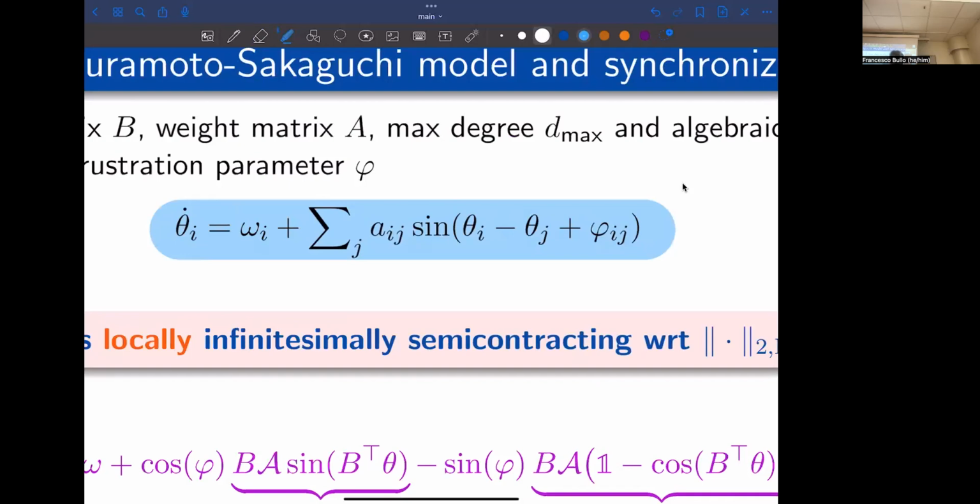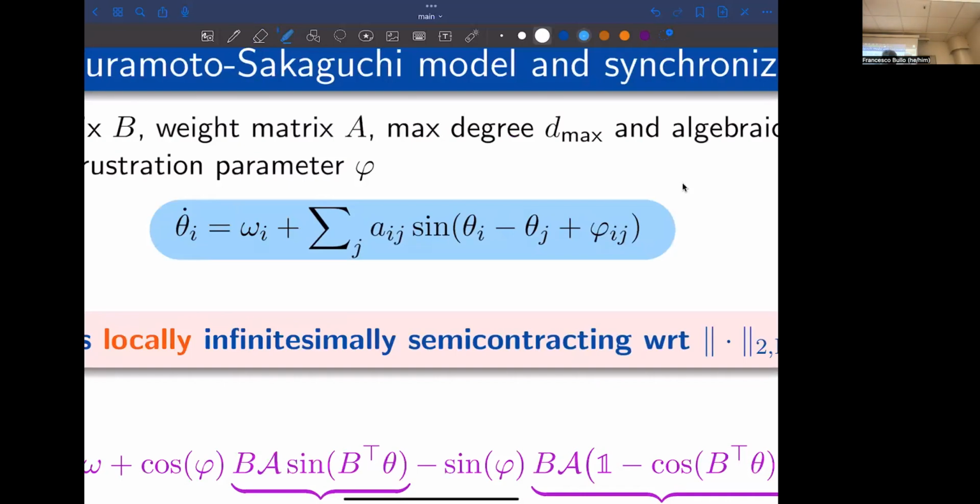If you set this to 0, you get the Kuramoto model. When it's different from 0, it's called the Kuramoto-Sakaguchi model. Sometimes people call this the frustration parameter because when the two angles are equal, without the frustration parameter, the interaction is 0. With the frustration parameter, even when you are right on top of each other, you're being pushed away.